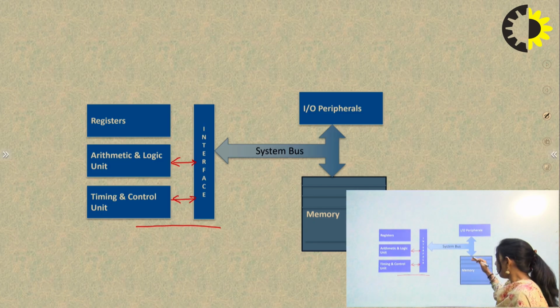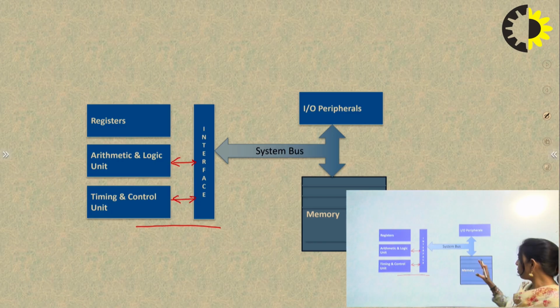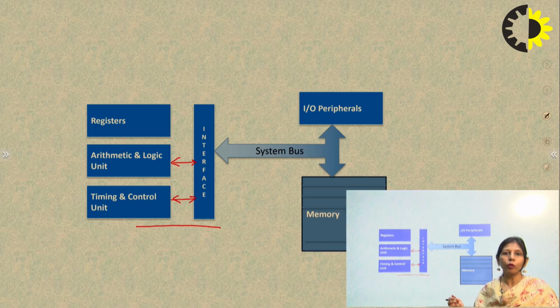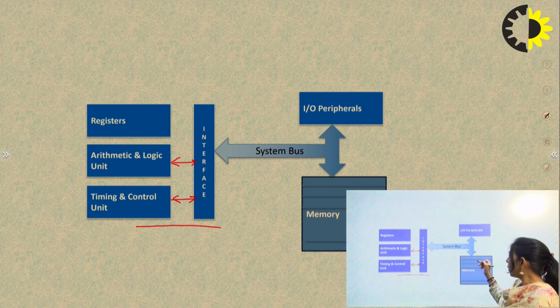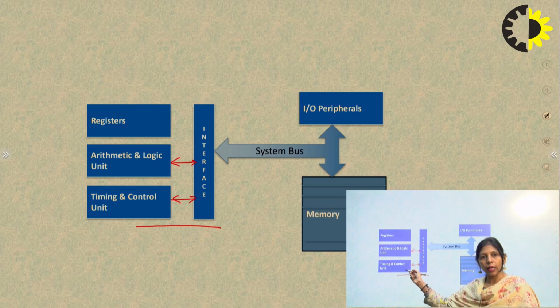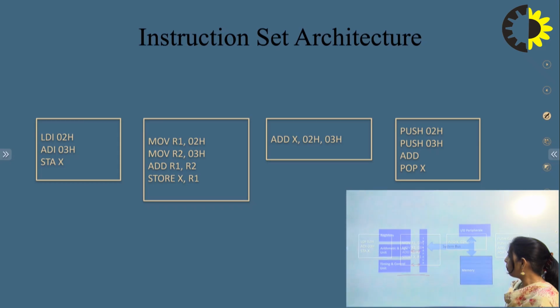Moreover, the output of the program, the output of all the instructions when executed, can be stored directly to the output peripheral, or it can be stored in the memory for future use. Likewise, when inputs are wanted, they can be given to the memory beforehand, or they can be given to the system directly by using the system bus.